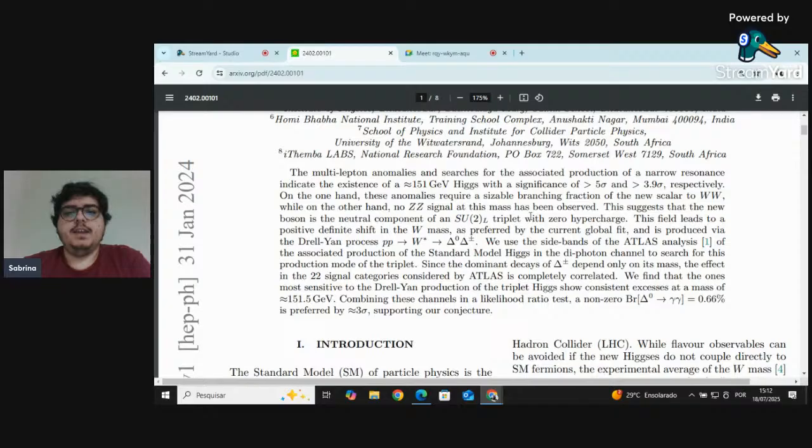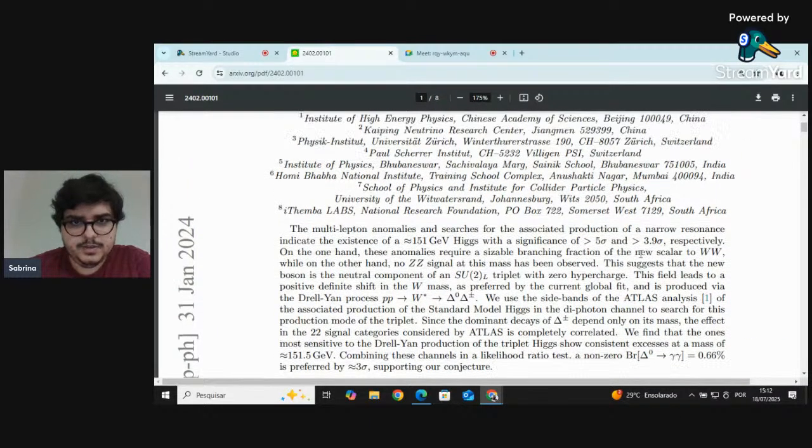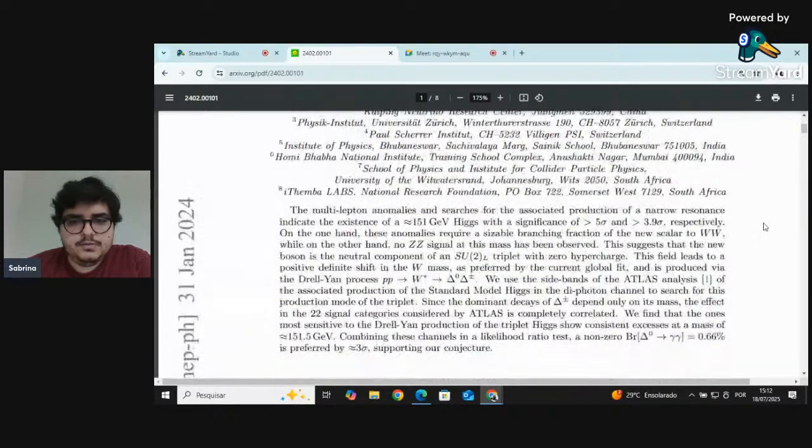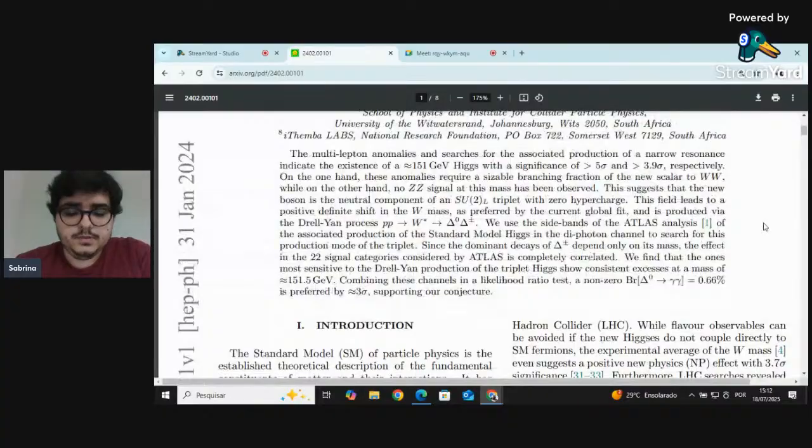Okay, and they use the ATLAS analysis to search for this signal, and the standard model Higgs in the diphoton channel. So they generate diphoton plus, as the name says, diphoton plus X. This X I'm gonna explain later what it is, and they use this analysis to interpret this result using this new model.